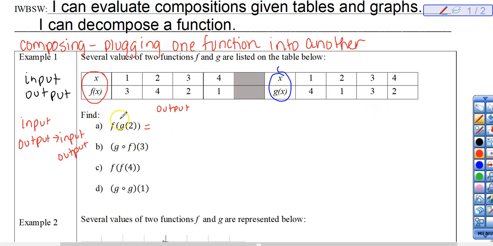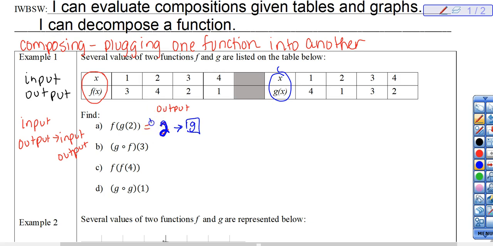So this says we're doing the f of g of 2. So we're plugging the g of 2 into f. Sorry, that's g. Remember, we're doing blue, so I'm going to change colors. So I'm taking 2, and I'm plugging it into g.